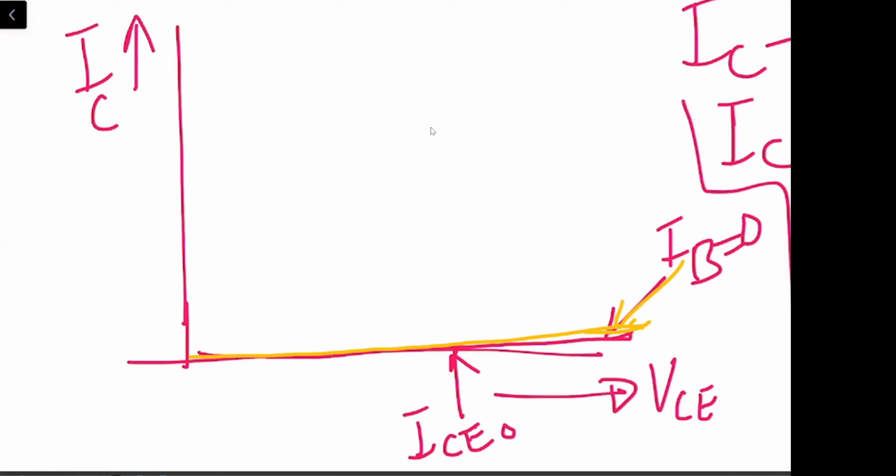Now let's suppose we increase the value of IB. If we say IB is equal to 10 microamperes.